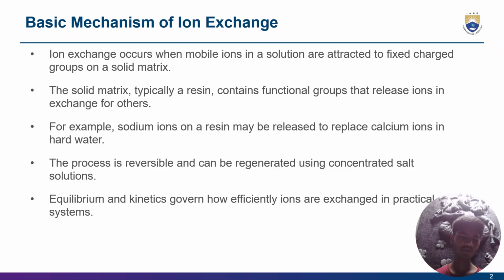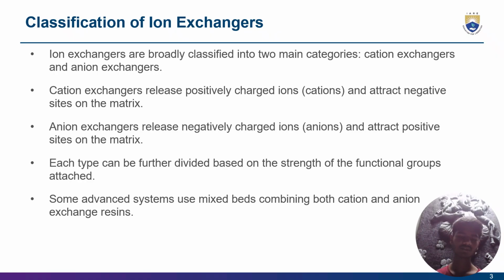For example, sodium ions in a resin may be released to replace calcium ions in hard water. This process is reversible and can be regenerated using concentrated salt solutions. Equilibrium and kinetics determine how efficiently ions are exchanged in practical systems.